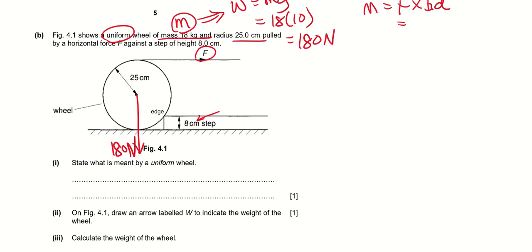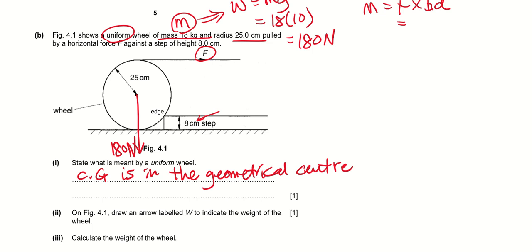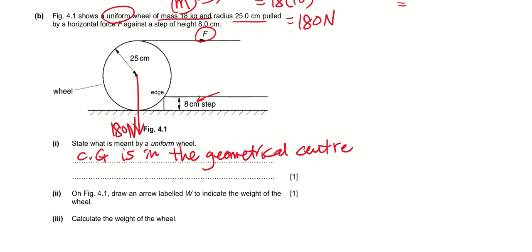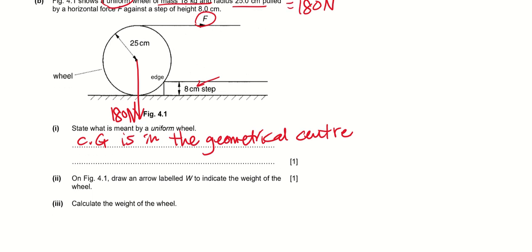State what is meant by a uniform wheel. That means the CG is in the geometrical center. Okay? If you look at the answers that we upload, you will see that there is also mention of the mass of the wheel being equally distributed.